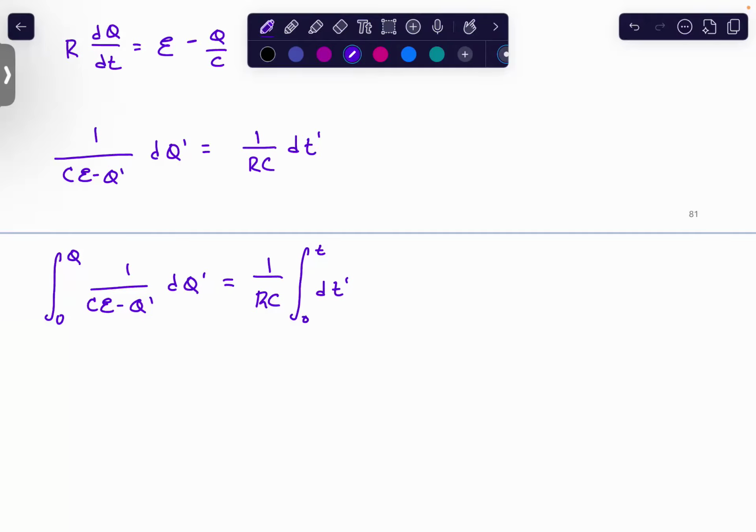What does it kind of look like? What if I got rid of the capacitance times the electromotive force? It is going to come out as a natural log. However, this is the first time you have seen this. We have to do a fun little thing called U substitution. My gosh, high school calculus.